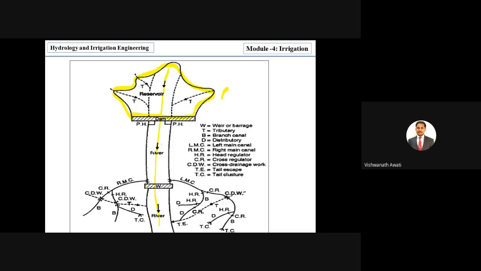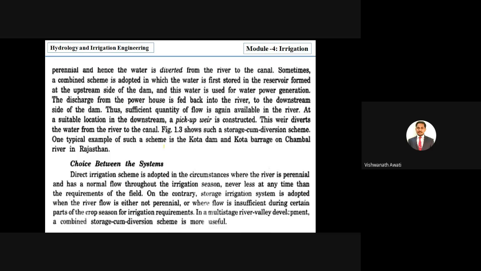This weir acts like a diversion, and the water level in the river is raised, then water is supplied to canals, and through canals it is supplied to agriculture land. So due to both effects, one is storage of water, the stored water used for hydropower generation, then after collecting that water back to the river, it is raised to some level and water is supplied to the canal. Due to both effects it is called a combined irrigation system.